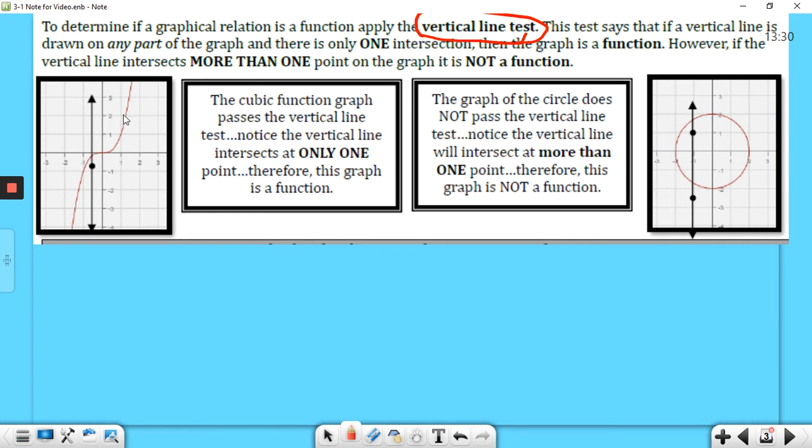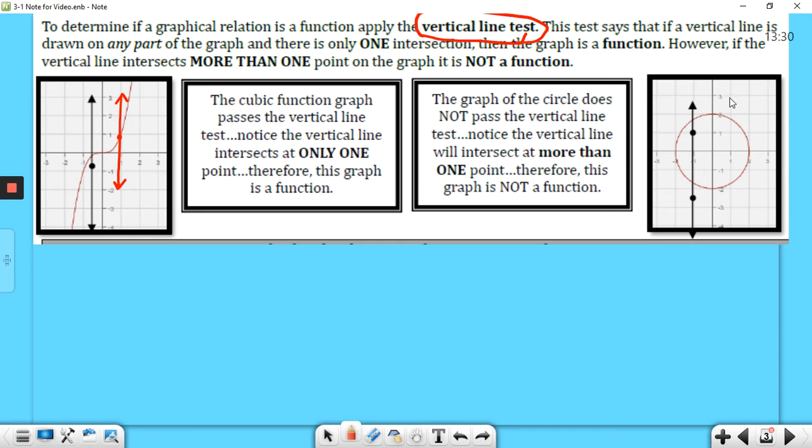What you do is you draw a vertical line anywhere you would like on the function. And if it only intersects the graph in one spot, then it's considered to be a function.